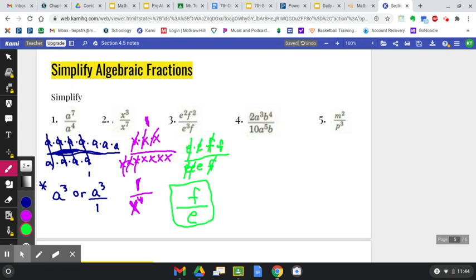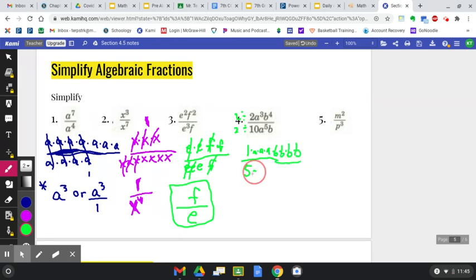So here, remember we talked about the number part of it, right? So if I want to simplify 2 over 10, I know that 2 divides into both of them, right? 2 divided by 2 is just 1. 10 divided by 2 is 5. Now if I expand out the variables, so that'd be a times a times a, and then b times b times b times b, right? 4 of them there.